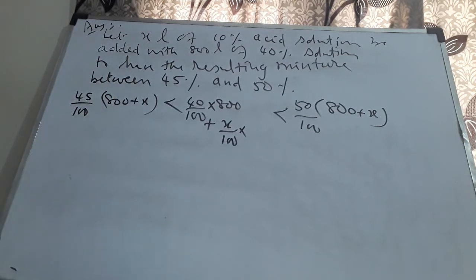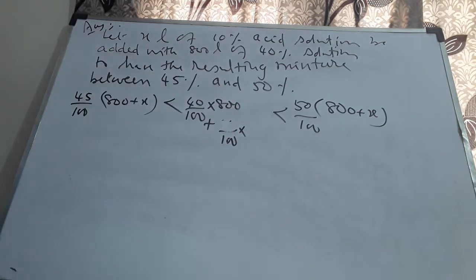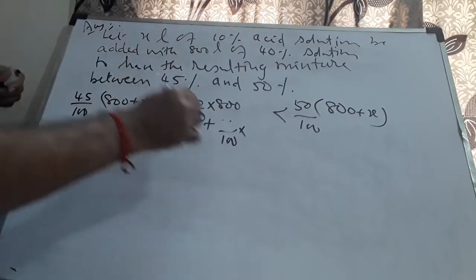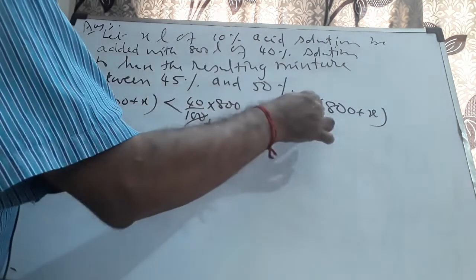Either way you can write, both are correct, both will be the same anyway. Okay, x liters of 10% solution. I will be able to cancel 100 everywhere.